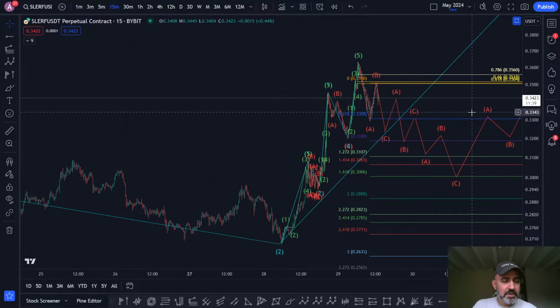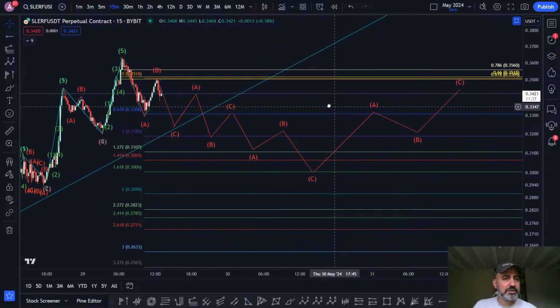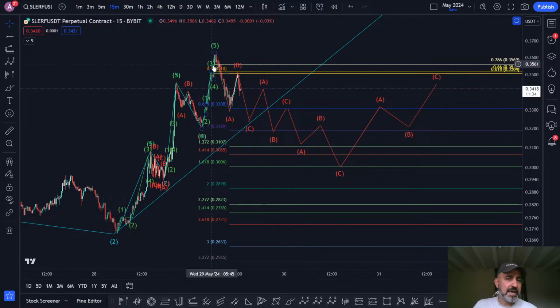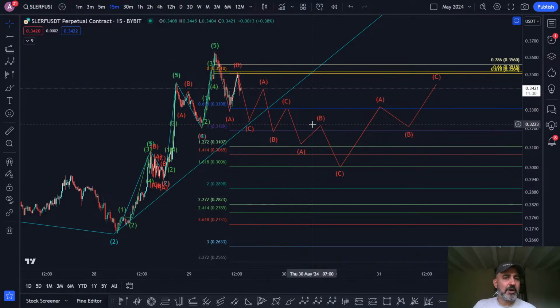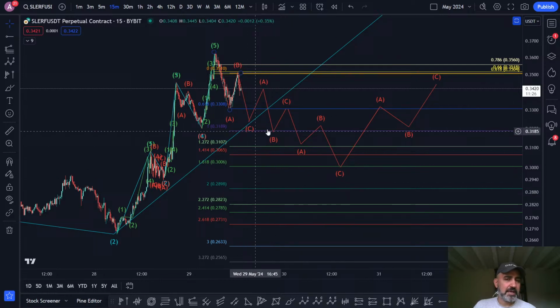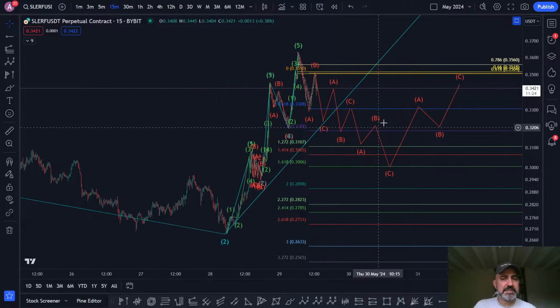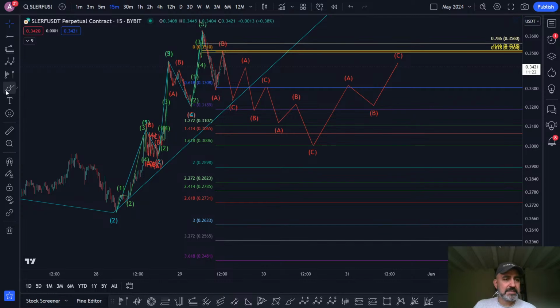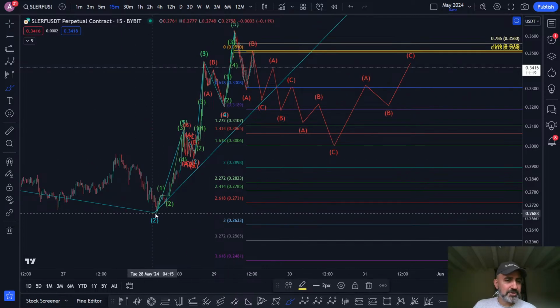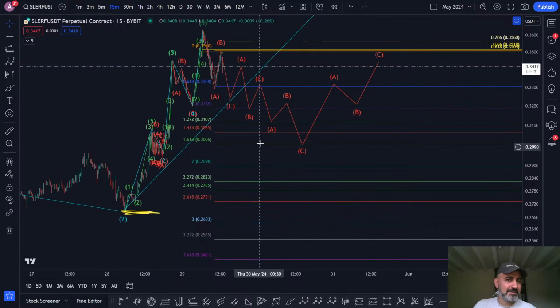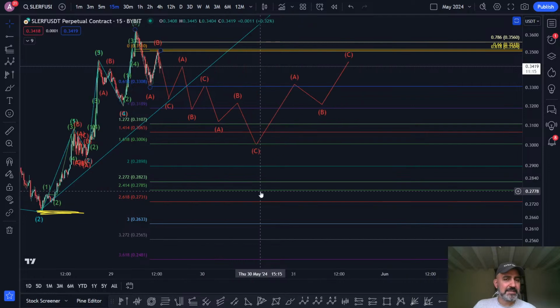So we're looking for a correction. We're not looking for an impulse. In my opinion, it's just my opinion, it's better to sell. It's better not to try and catch the bottom here, because no one knows how far this is going to go. And remember what I said, this is your target, so it's quite a long distance.